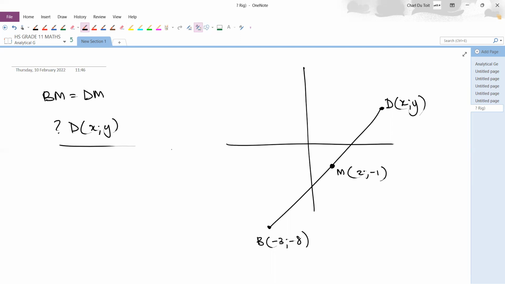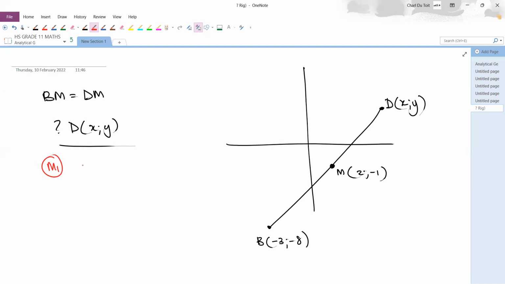If I'm not mistaken, you'll say for the first one, 2 equals x plus -3 over 2. There are two ways of doing it. Method one is algebra.